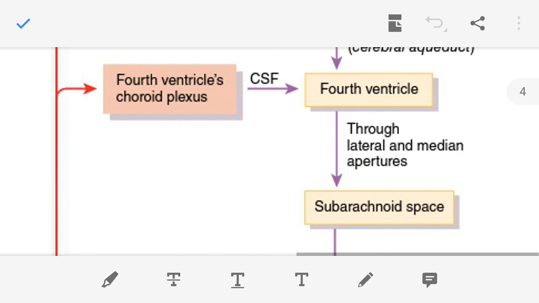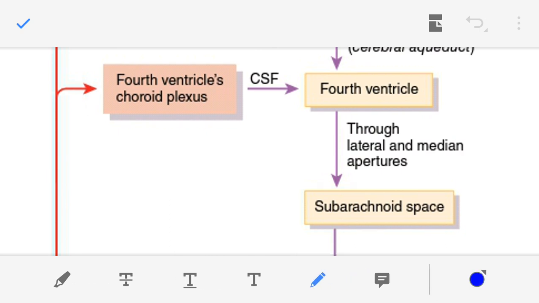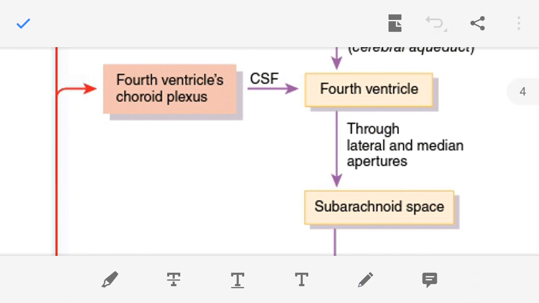Now CSF from the fourth ventricle, through lateral and median apertures, enters into the subarachnoid space, the space which is present around the brain and spinal cord.